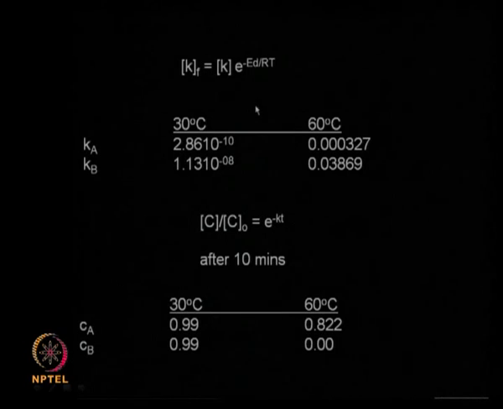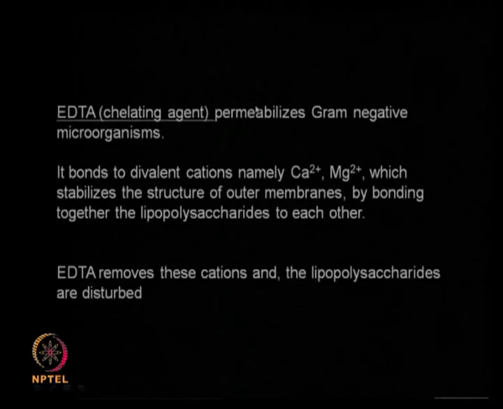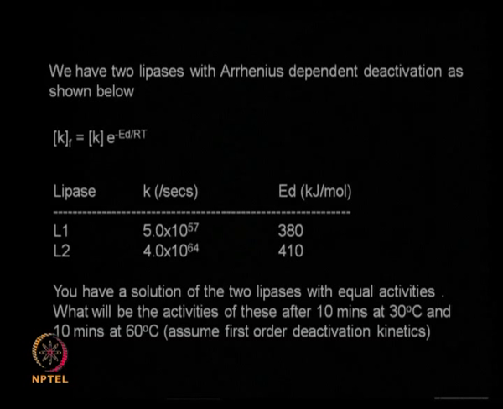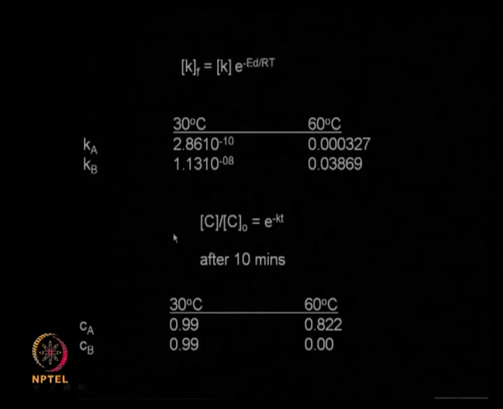The Ed values and the k0 values for lipase 1 and lipase 2 are given, so I can calculate the actual k by substituting those values. For the first lipase at 30 degrees I get the k as this, and for the second lipase at 60 degrees I get the k as this.